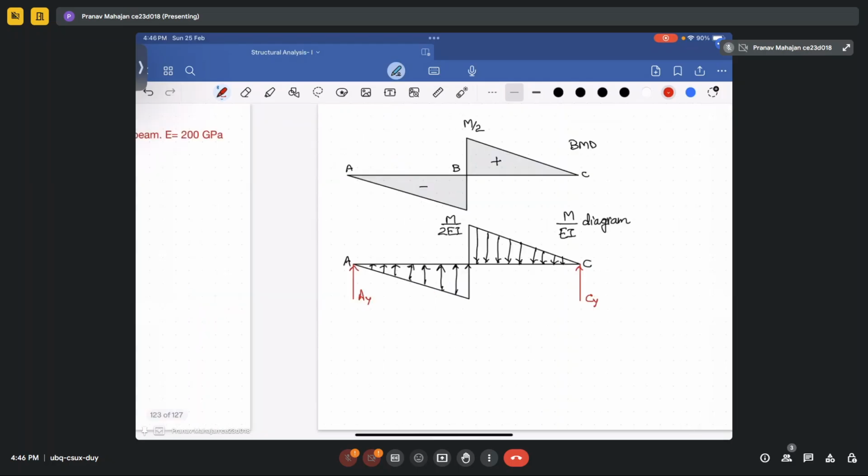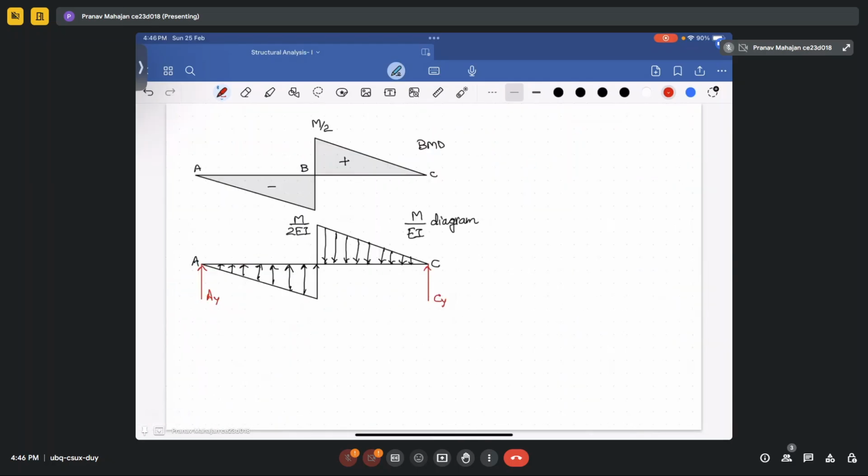Take moment about the... I will write it as B because in torsion it is given to be B. I will write this as C and write it B. So it will be By, and here it will be Bx, that will be equal to 0. Now calculate any value. So take moment about point B equal to 0.